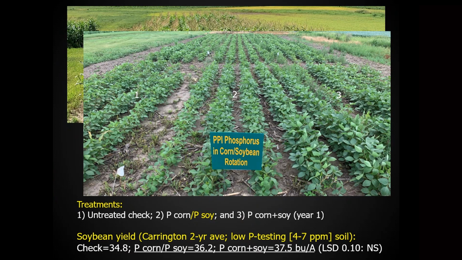And so if we look at this preliminary information, it says the strategy of applying phosphorus ahead of the soybean might be viable. We're going to do this again at Carrington in the upcoming season. Hopefully we'll have statistical difference between these. We'll let you know. But there is anyway some credence to applying phosphorus the year before soybean.